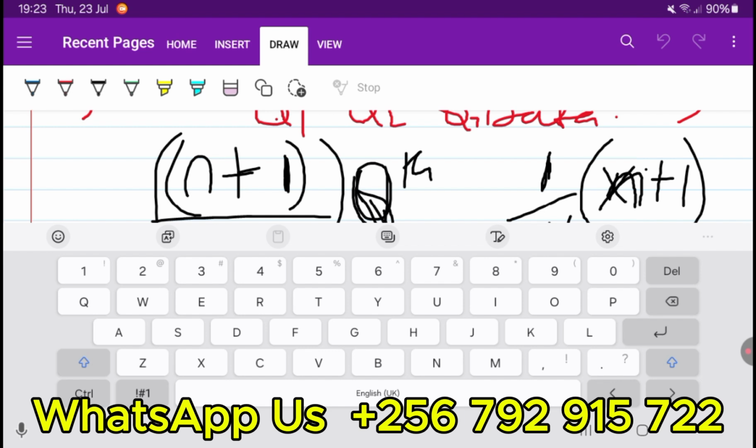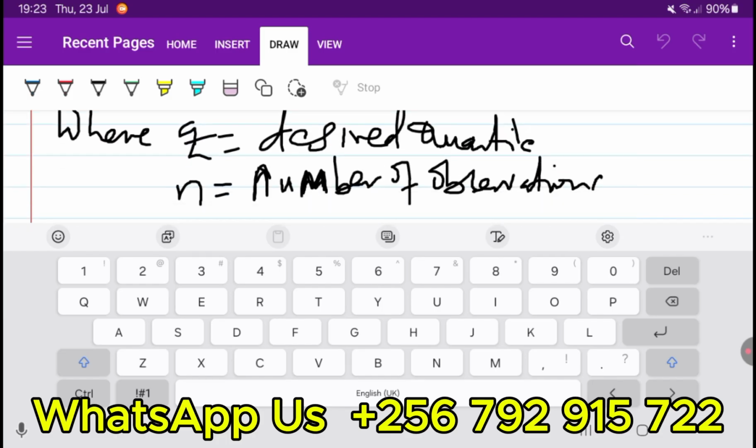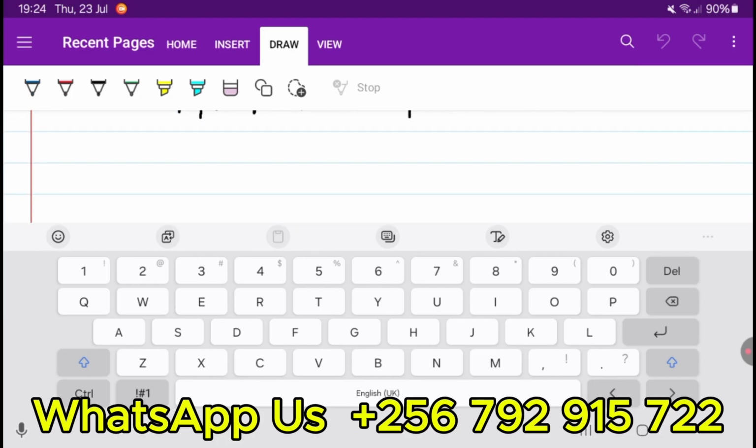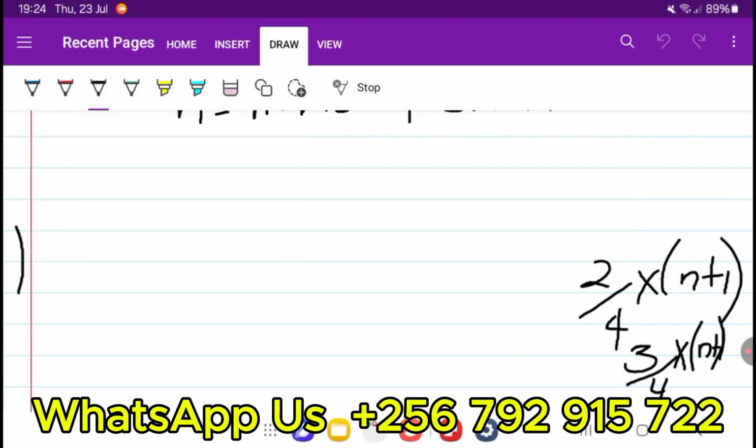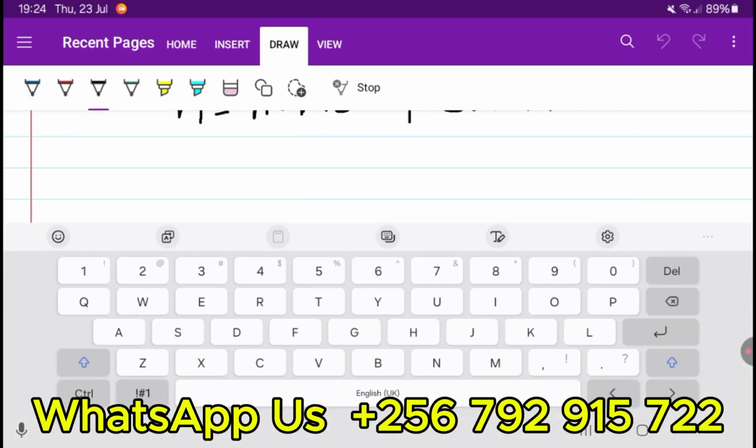But we need Q1 and then Q3, because those are the ones that we need in the formula for computing the quartile deviation.